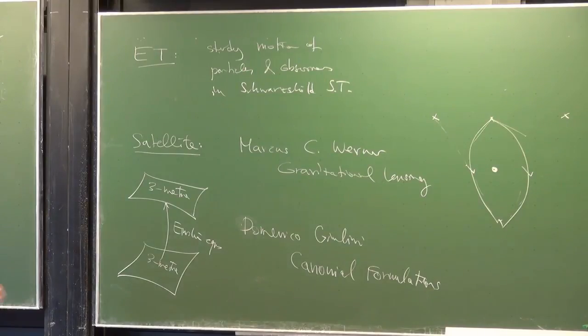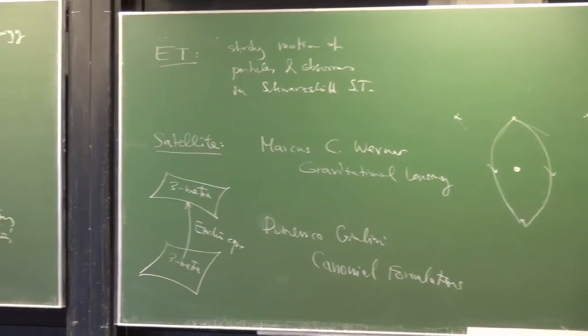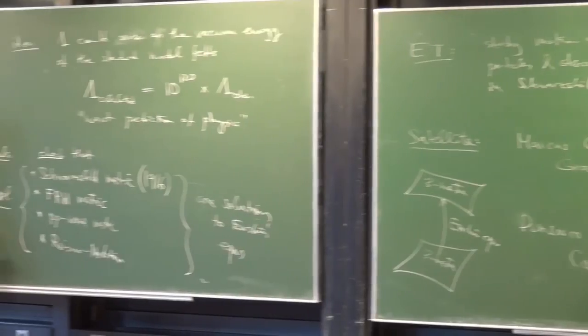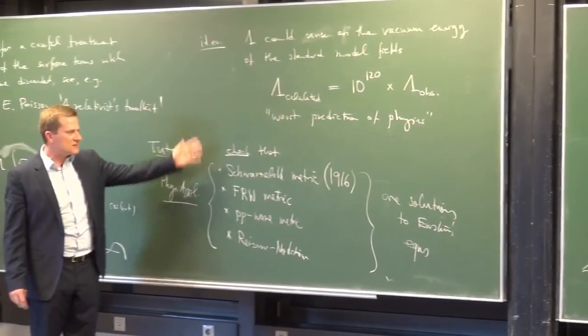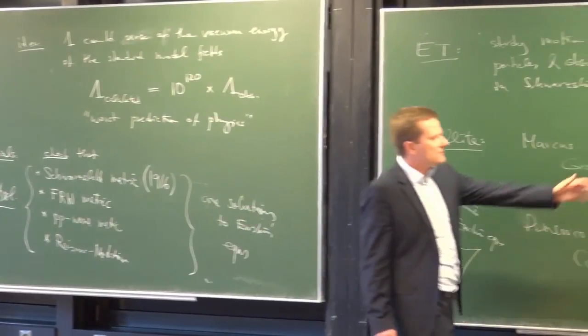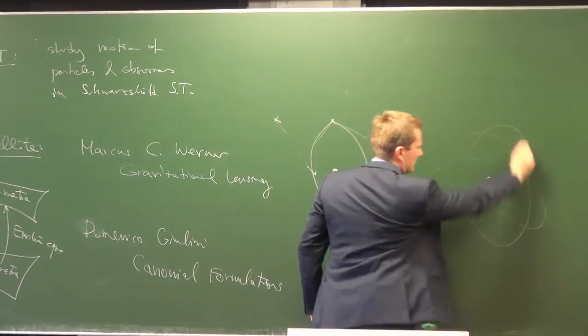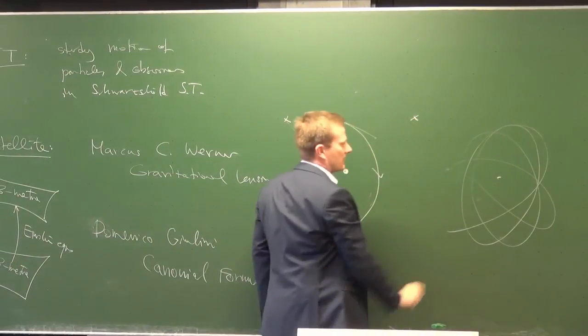So I invite you to all these, to the elementary tutorials, of course, to practice the stuff we did here, and to the advanced tutorials, to get a feeling for the physics. You're going to study this, and also the precession of the orbit of Mercury, how it goes around the sun, and you calculate this.